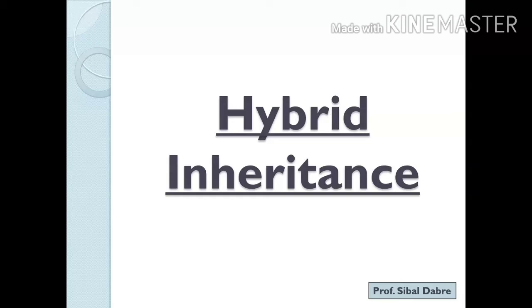Now first we'll see what is hybrid inheritance. The inheritance which involves two or more other types of inheritances is called hybrid inheritance. In short, a mixture of two or more types of inheritance is called hybrid inheritance.